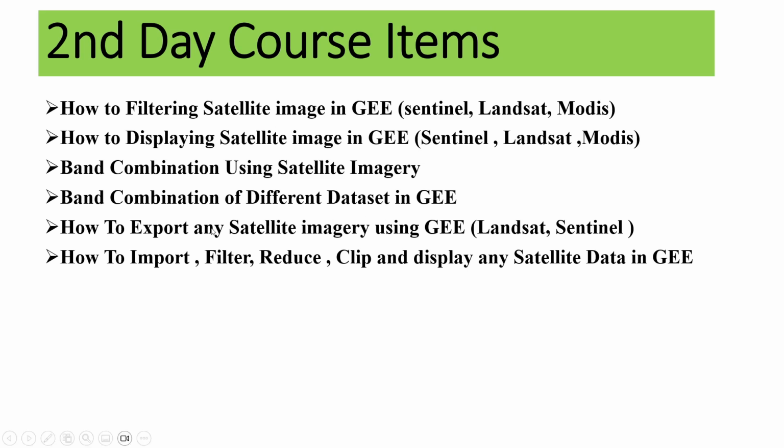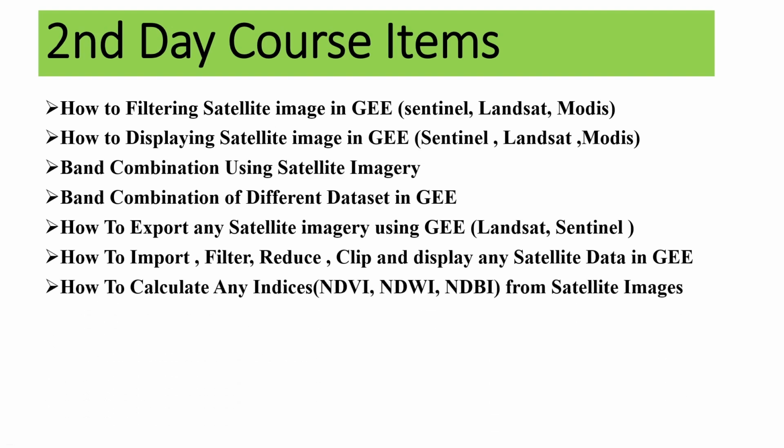Once you filter your satellite images, you reduce this image collection. From lots of images, how you can easily reduce your image collection. Lots of reducer functions are available in the Google Earth Engine platform. We will learn all of these things, and also how you can clip to your own study area and display the final result in the Google Earth Engine code editor and map interactive view.